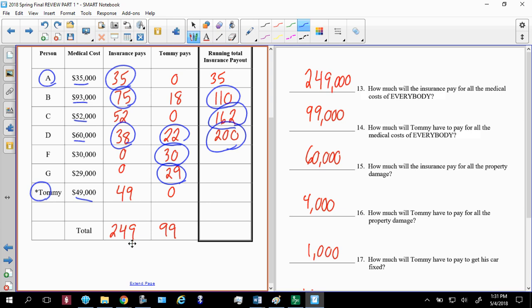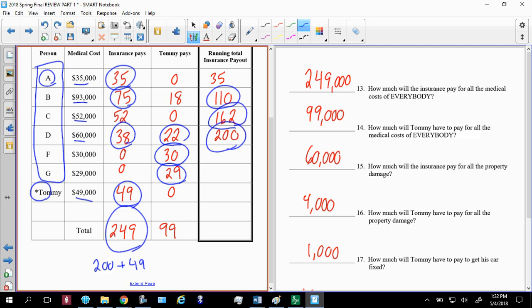So when I total everything, insurance pays for everybody $249,000. That's 200,000 from person A through G, plus 49 because of Tommy. And then Tommy pays 99,000.